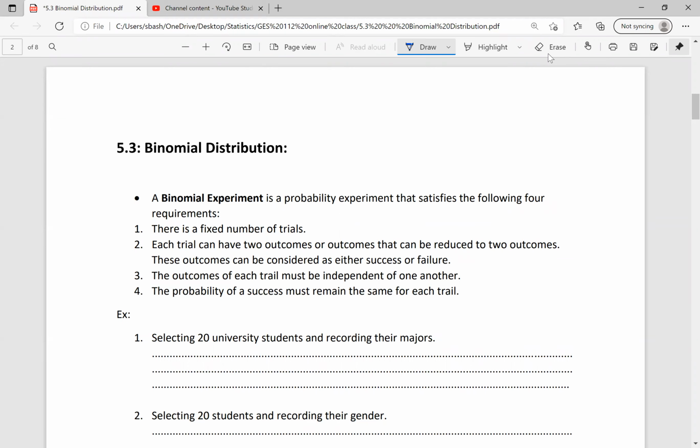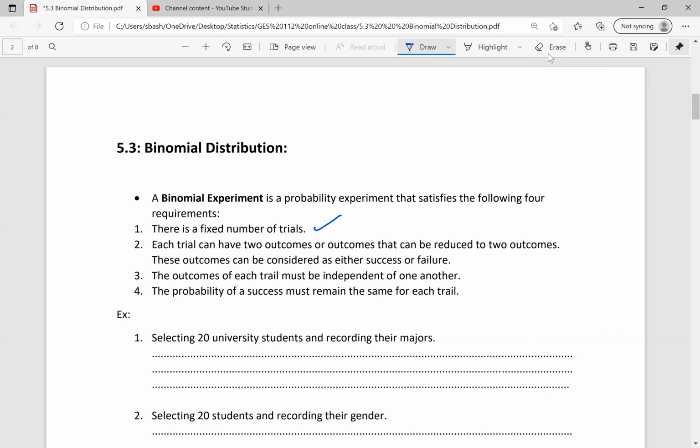The first one, there is a fixed number of trials, and we will call this N later on. Each trial can have two outcomes, or outcomes that can be reduced to two outcomes. These outcomes can be considered as either success or failure.